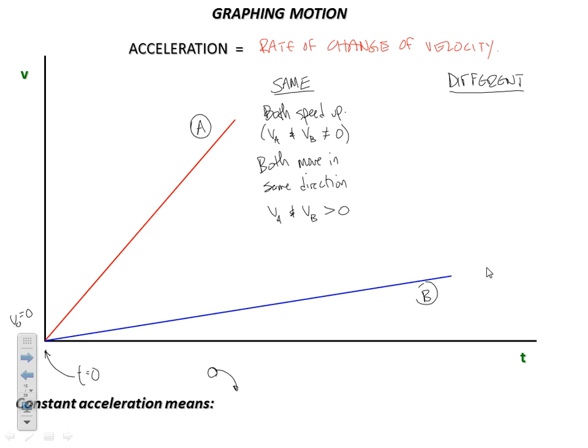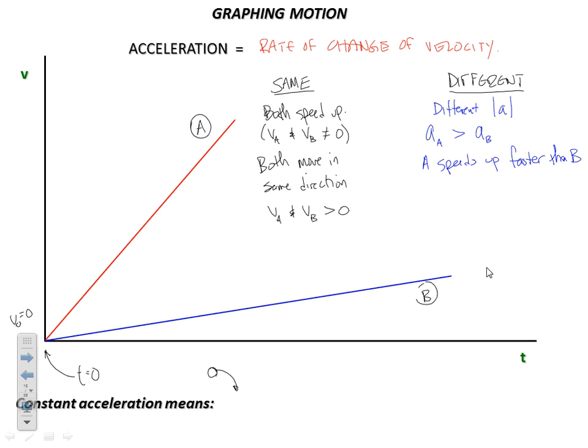What's different? Well, they have different magnitudes of acceleration. I'll write it like this: a_A is greater than a_B. The acceleration of A is greater than the acceleration of B, which really means in this case, A speeds up faster than B. They both speed up, right? A speeds up faster.